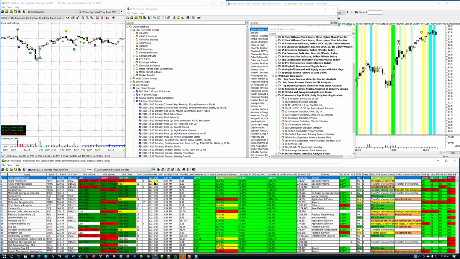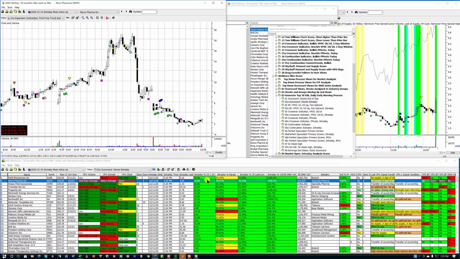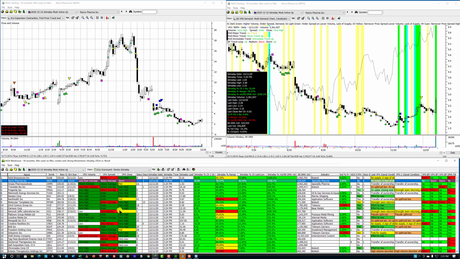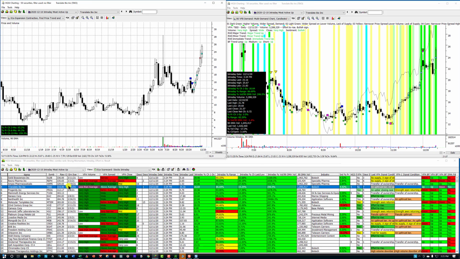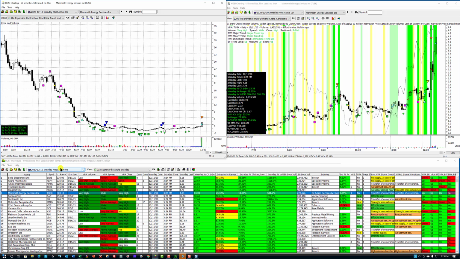I'm trying to do too many things. So you can see that these are up, and I have 50 securities in here. So these are the most active stocks that are up for the day. Once again, I'm using my Wyckoff demand charts. A lot of these are inexpensive stocks, but others are not.